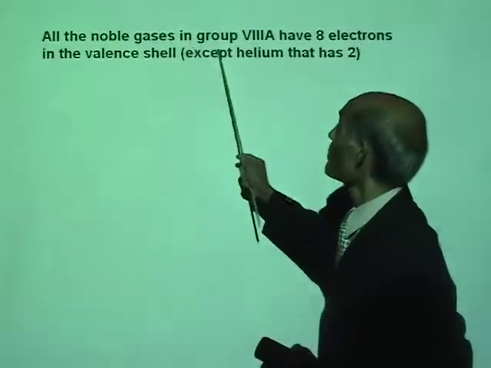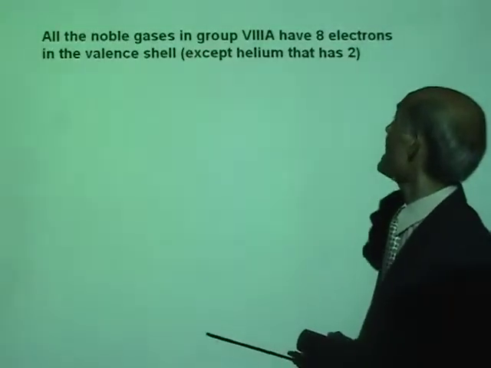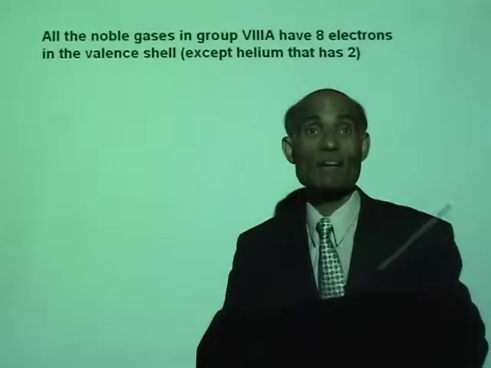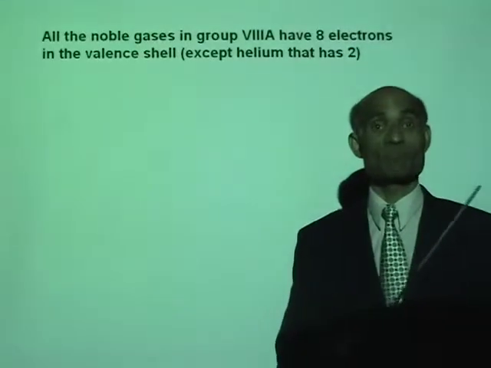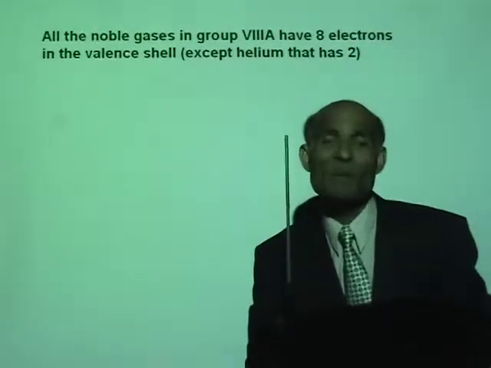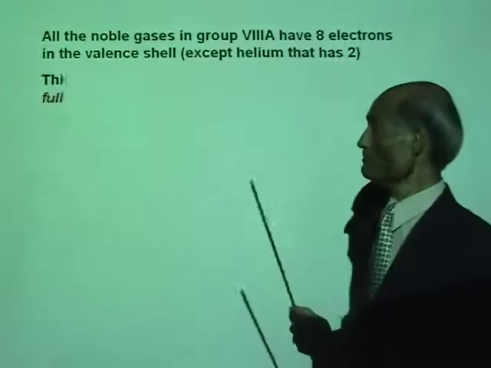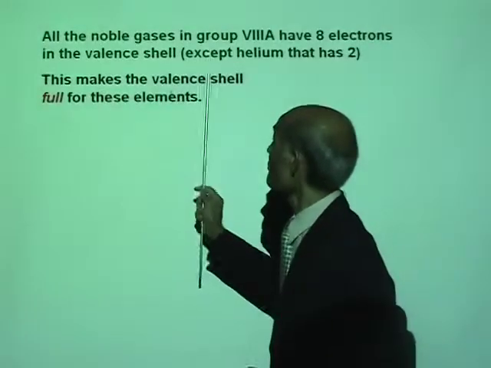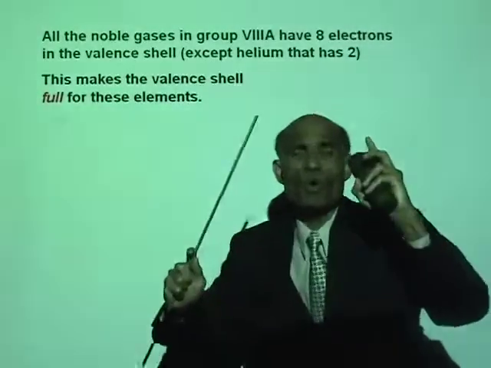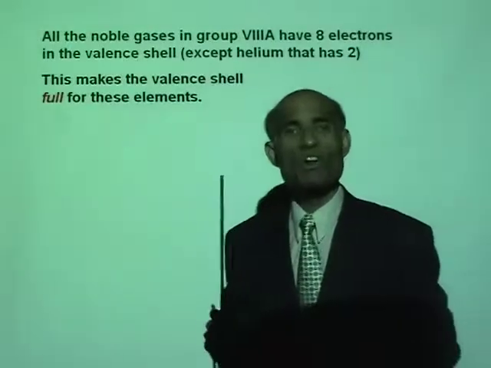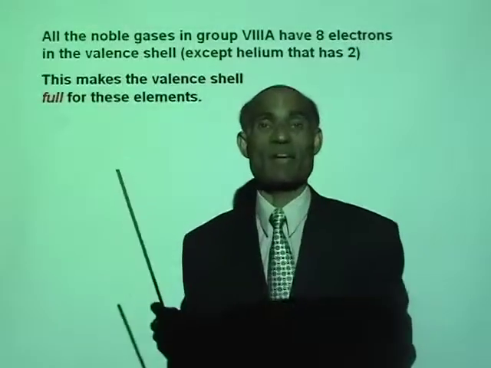All the noble gases in group 8A have 8 electrons in the valence shell. Well, except helium, that has 2. This makes the valence shell full. So what is the definition of a full valence shell?